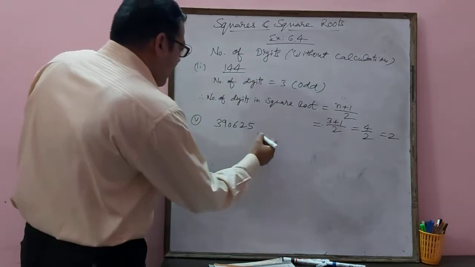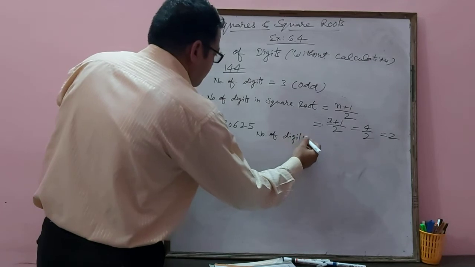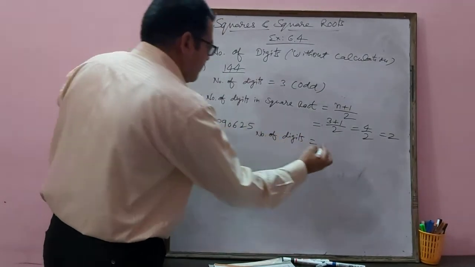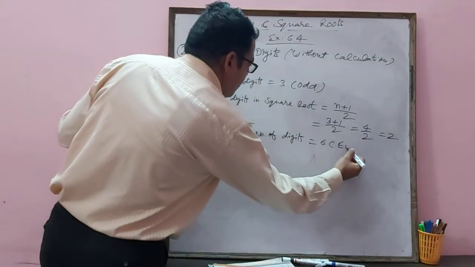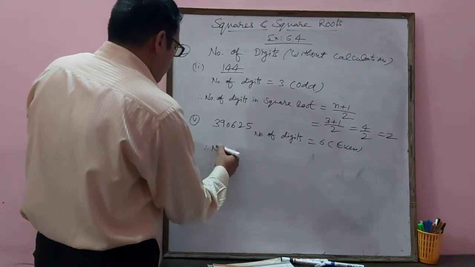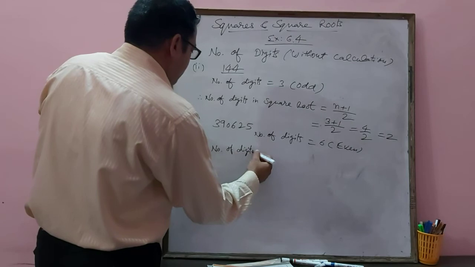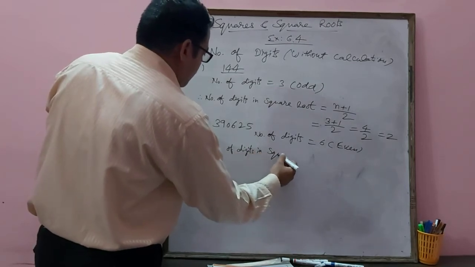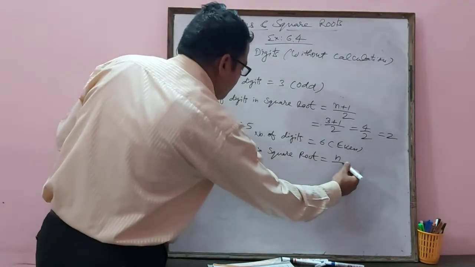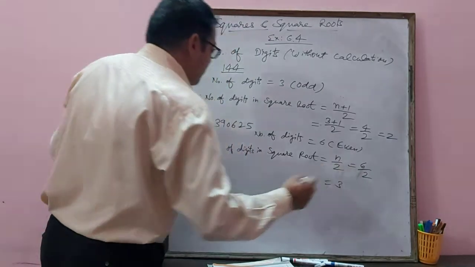So first write the number of digits. How many digits are there? 1, 2, 3, 4, 5 and 6. 6 is an even number, so the number of digits in the square root, the formula is n by 2, that is 6 by 2, that is 3.